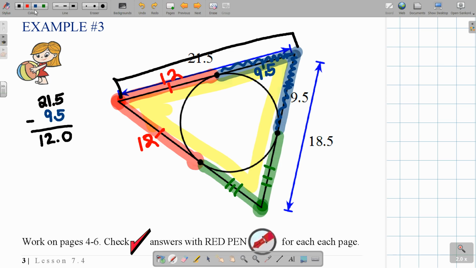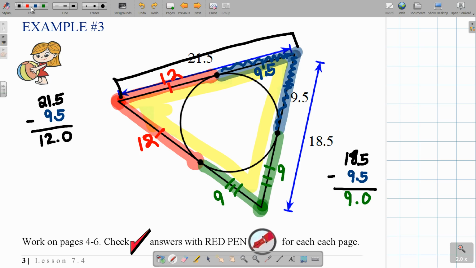This green, that's going to be 18.5 minus 9.5 again. And you see we get 9. So this is 9, and of course the arms are 10, 10.